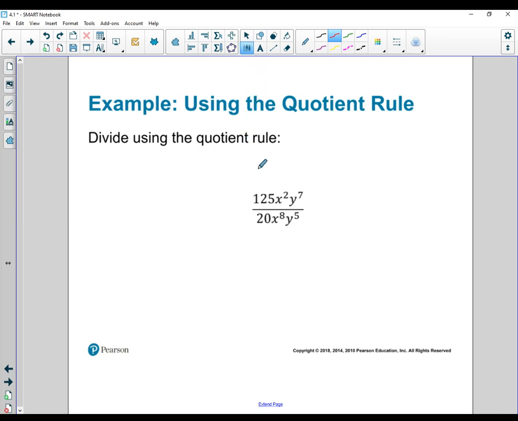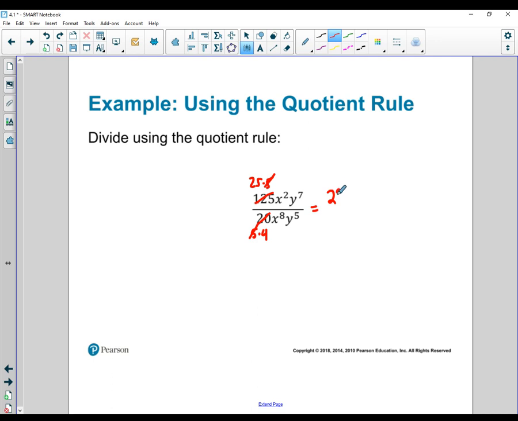Here, again, 125 and 20, it might be easier to split it up if you can. 125 is the same thing as 25 times 5, right? 20 is the same thing as 5 times 4. The 5's cancel. 25 and 4, I don't think anything goes in there, right? The only thing that'll really go into 4 is 2. 25 obviously is indivisible by 4 or 2. So we're going to leave it as a 25 on the top.